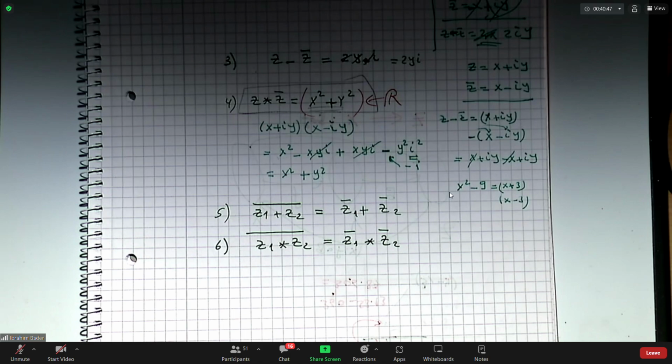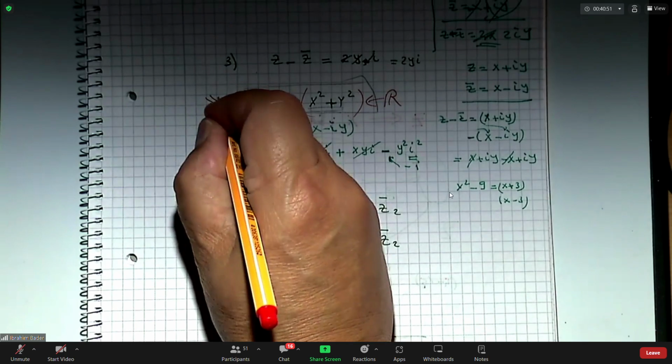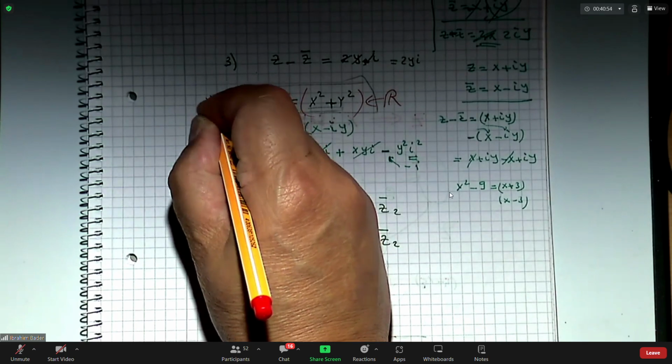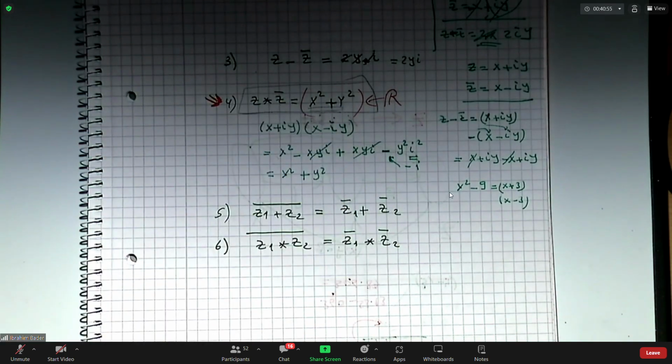This property is very important, and in fact we are going to use this technique in evaluating some specific limits that we will solve maybe later in this course, and in particular in the next course.